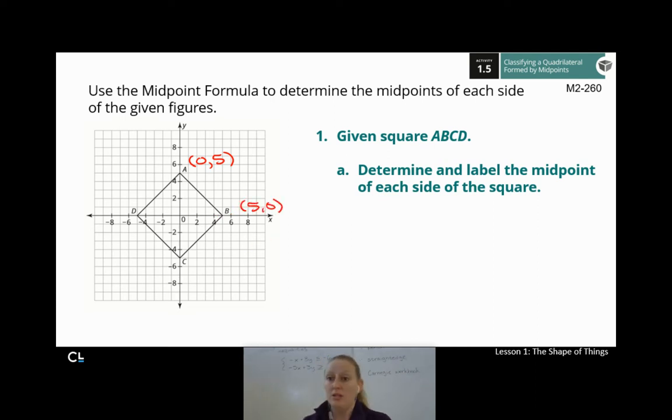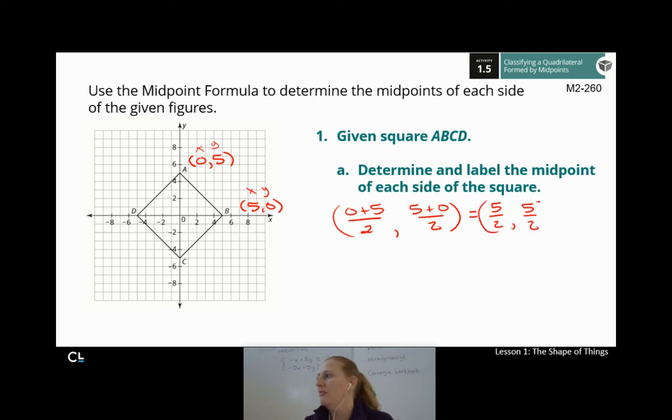So if I want to find the midpoint of AB, I'm going to add my x coordinates, 0 plus 5, and divide by 2. And I'm going to add my y coordinates, 5 plus 0, and divide by 2. And that'll give me my new midpoint. 0 plus 5 is, of course, 5. 5 plus 0 is also 5.